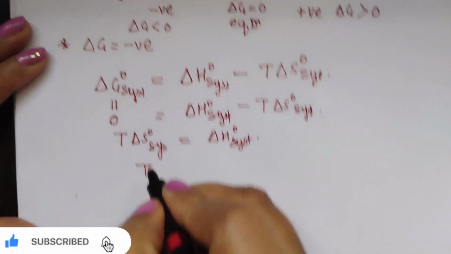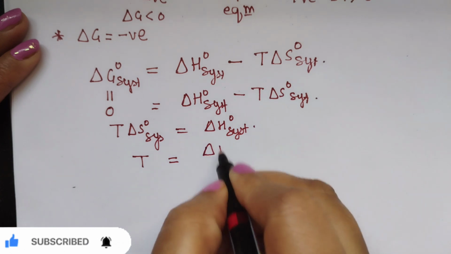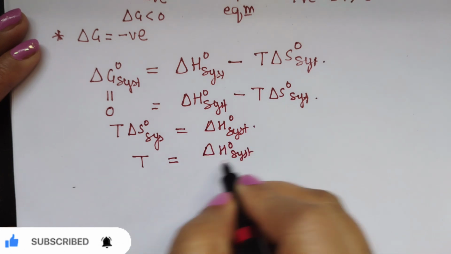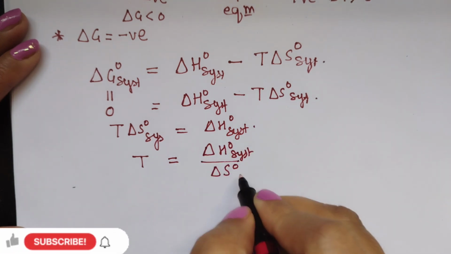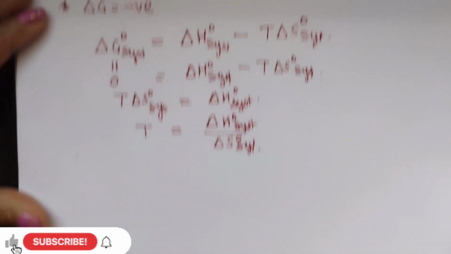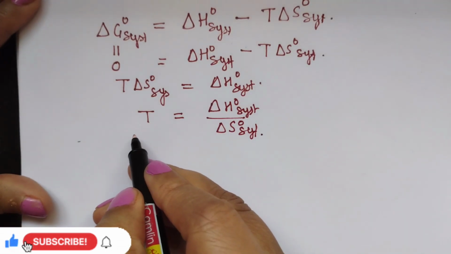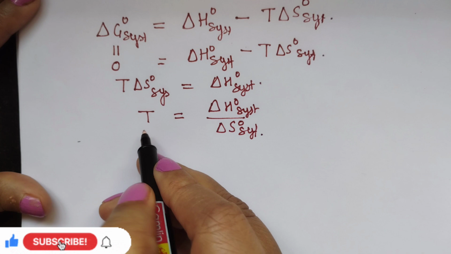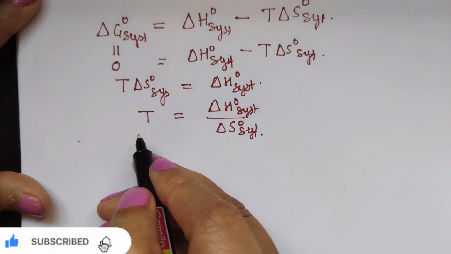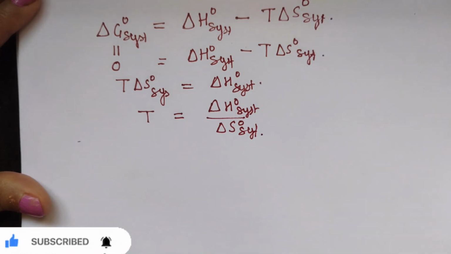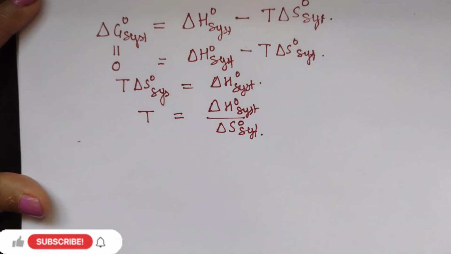That is, temperature is equal to delta H standard of the system upon delta S standard of the system. Now this temperature is the equilibrium temperature. Now by increasing or decreasing this temperature, you can make a reaction spontaneous or non-spontaneous. So this temperature is called as crossover or changeover temperature.